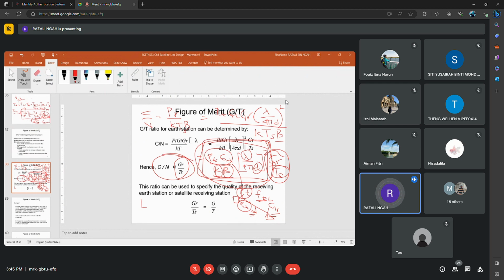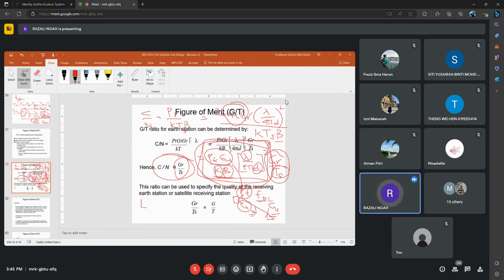So that's why we use G over T as a parameter to determine the performance of the receiver. Why do we call it the receiver? Because both parameters are related to the receiver side. GR is the receiving antenna gain, and TS is the noise temperature in the receiver.